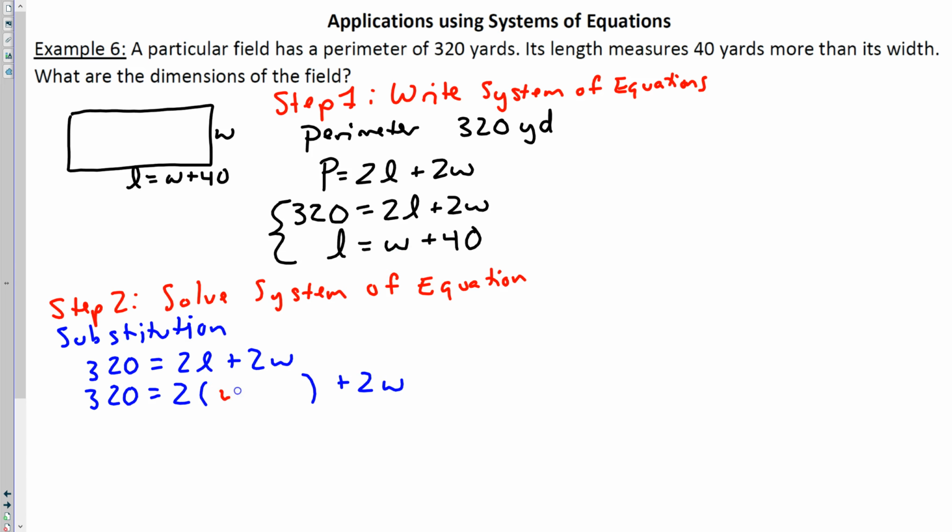So L was the width plus 40. And now that I have that substituted, we can go ahead and solve for our W. Distributing 2, that's 2W plus 80 plus 2W. We can combine the like terms of the 2 W's to create 4W.